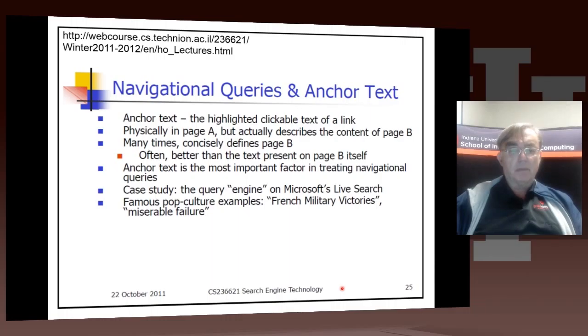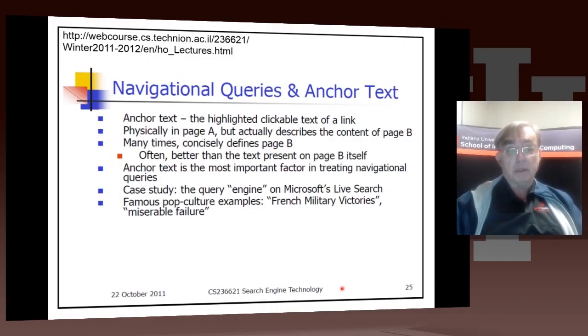So a pretty important idea is that of anchor text. We've already mentioned anchor text before. When you have a web page and you hyperlink another page to it, you have that hyperlink associated with some text on your page. So you're making page A, but you're referring to page B. And what you say when you hyperlink to page B can often be pretty insightful as to why page B is useful or maybe not so useful.